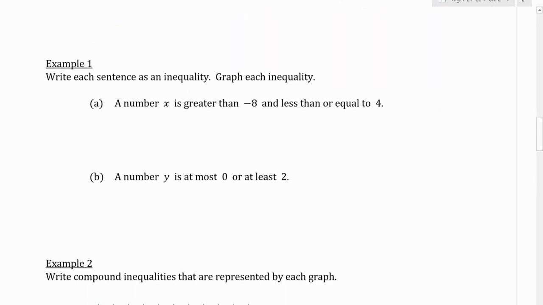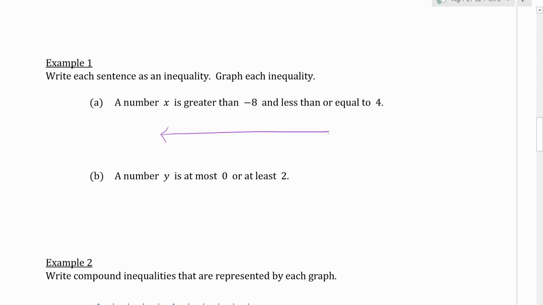It says write each sentence as an inequality, graph each inequality. So a number x is greater than negative 8 and at the same time less than or equal to 4. All right. So here's negative 8. Here's 4. I need the overlap.